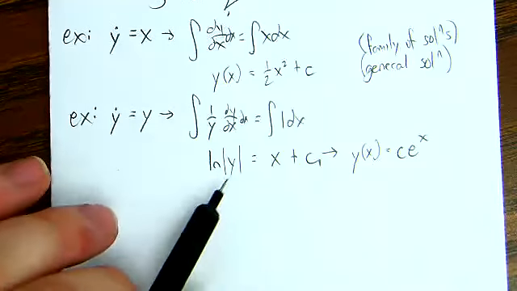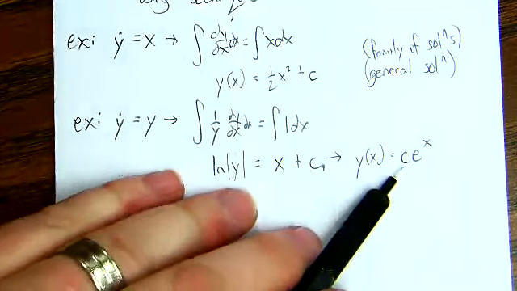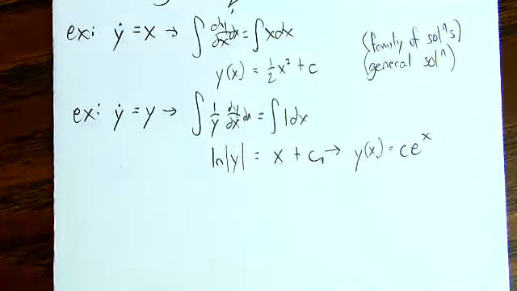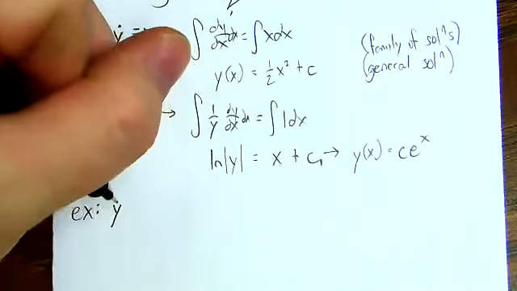And by allowing this constant the freedom to be negative, we take care of all possible solutions. Again, this is a general solution, also called the family of solutions. But you'll notice we haven't done anything new here. This is still just calculus, even just integral calculus.